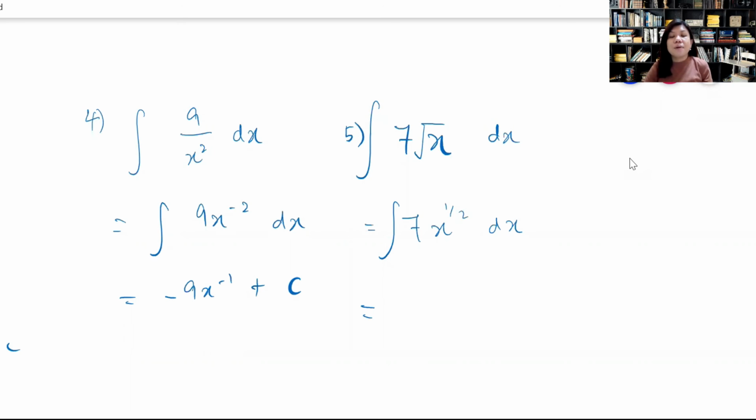And then now you can see clearly that the half plus 1 is actually 3 over 2. And you're going to divide by 3 over 2, right? Because this is the integration formula. So what happens next is when you divide by 3 over 2, you're actually multiplying by 2 over 3. So it becomes 14x to the power 3 over 2, over 3, plus c.